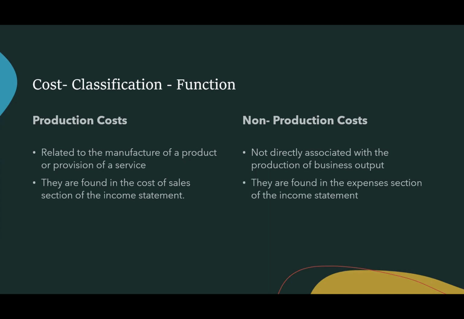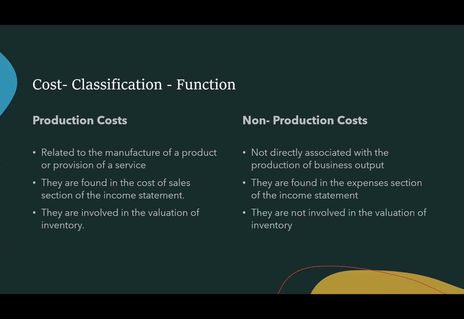Whereas non-production overheads come after the gross profit and they are considered to be your expenses in financial accounting. So when you value the inventory on the face of the balance sheet, you value it on its production cost. Non-production cost is not to be considered as part of the valuation of inventory on the balance sheet.